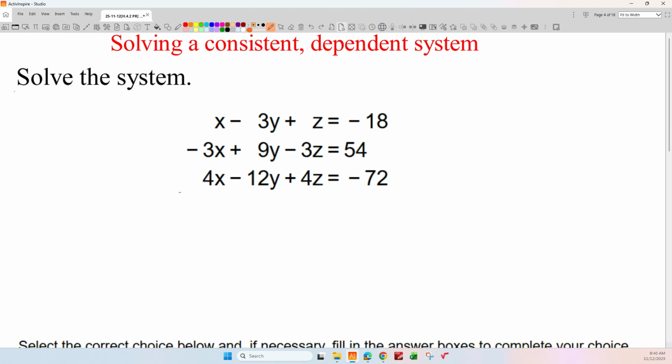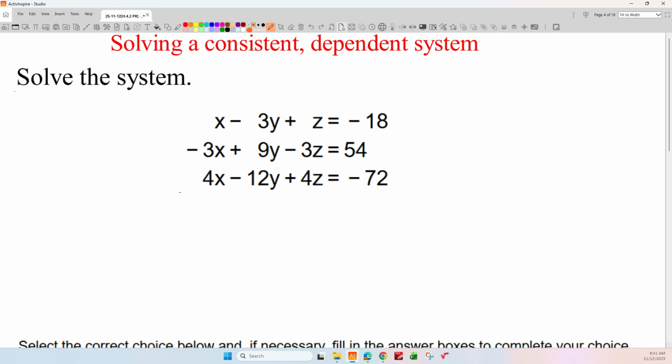All right, what about one like this, solving a consistent dependent system? So what about something like that? What are we going to do? Look at that for a second and see if, before you do anything, see if you notice anything about that. Well, what do you think?